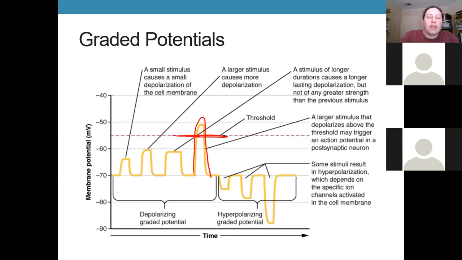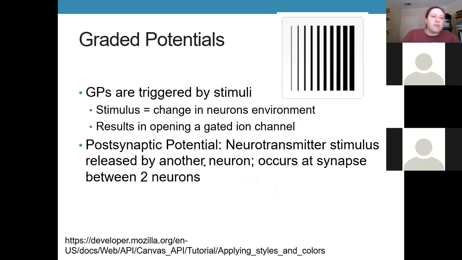And as long as we hit threshold, we'll trigger an action potential throughout the entire neuron. So how we're getting that stimulus, triggering it, this is all we need to know about that. It's just opening a gated ion channel.